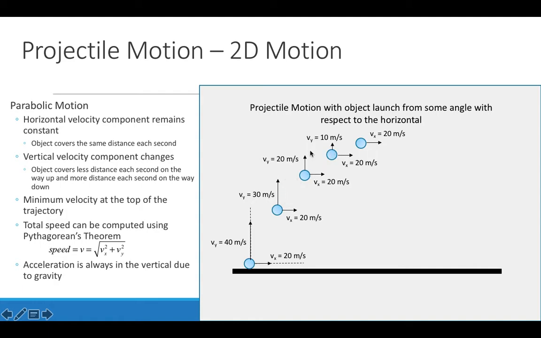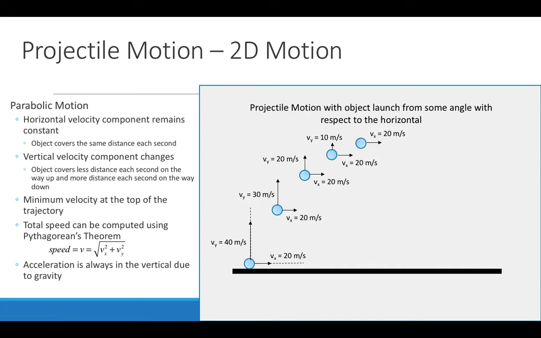So these balls along the horizontal are separated by the same distance, but along the vertical, on the way up, the distance that the object covers is decreasing every second that goes by. At the very top of the trajectory, the object is still moving and it has horizontal velocity, but the velocity in the y direction, or the vertical direction, is exactly 0.